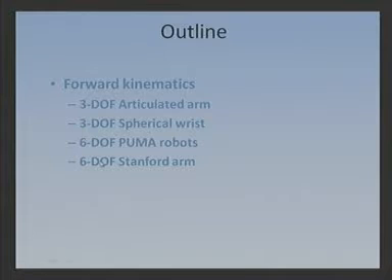A variation of the Puma robot is the 6 degree of freedom Stanford arm. The only difference is that one of the joints is prismatic, whereas in the Puma robot everything is revolute. Let us go.